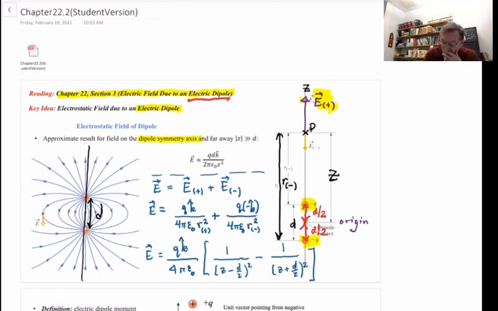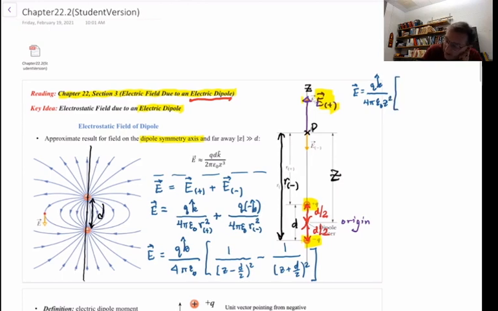Okay? All right, now here's the next thing I'm going to do. I'm going to do that right up over here. E arrow equals qk hat over 4 pi epsilon 0. I'm going to factor out of the denominator, it might seem odd at first, a z squared.